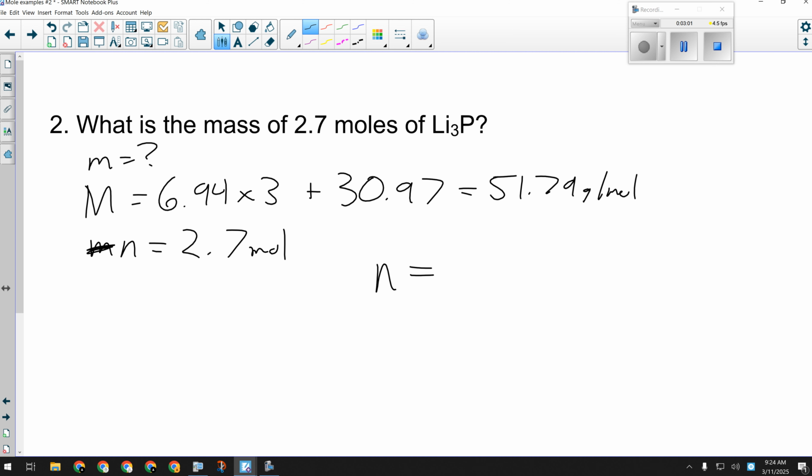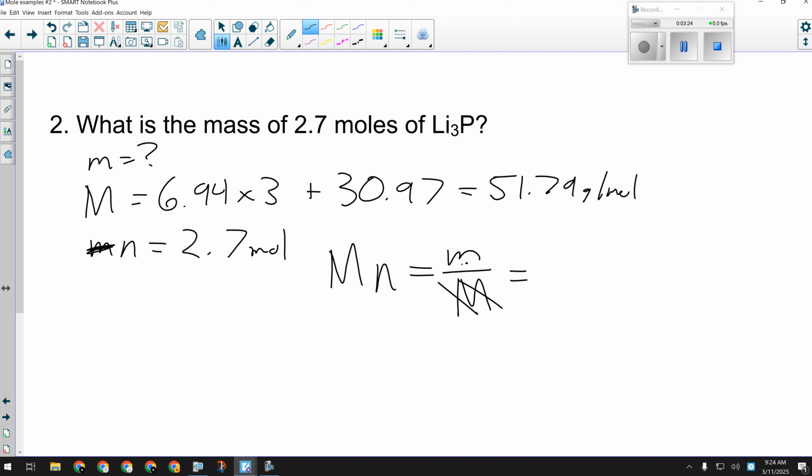We know we're going to be using this equation here, but now I've got to solve for little m. I want to leave little m where it is because it's on top. I want to solve for things when they're on the top of an equation, and I'm going to move big M over to this side by multiplying by it. So big M times n equals mass.